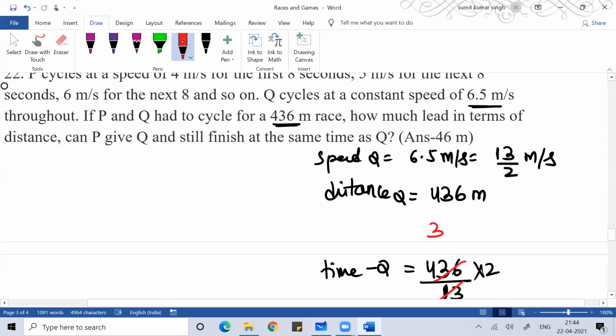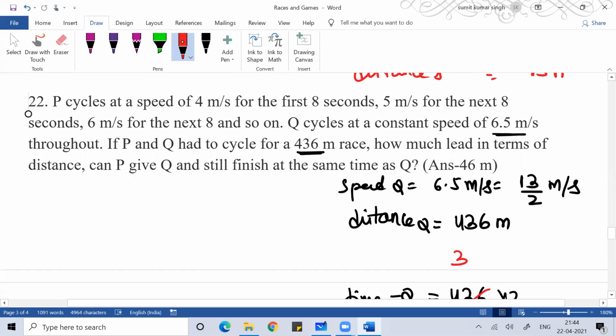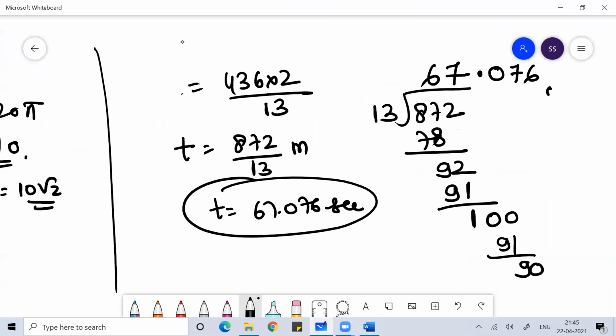So you can see this. Here, P cycles at the speed of 4 meter per second for the first 8 seconds, 5 meter per second for the next 8 seconds, and 6 meter per second next, and so on. Q cycles at the speed of 6.5 meter per second throughout, and P and Q have to cycle a 436 meter race. If Q is running at 6.5 meter per second, how much time would Q take to cover 436 meters?